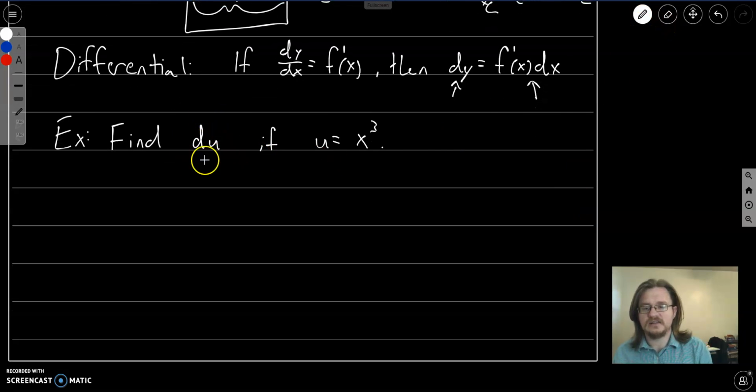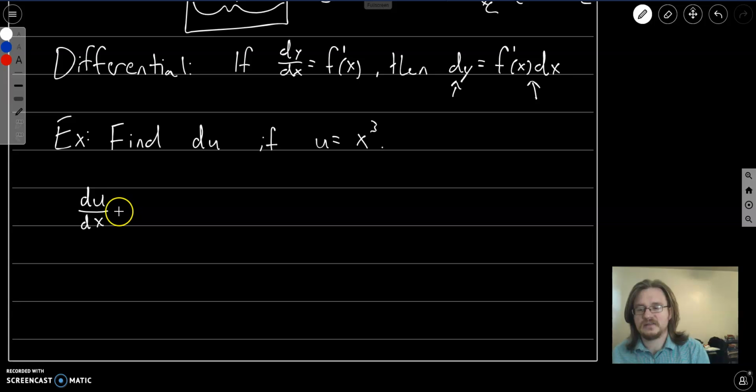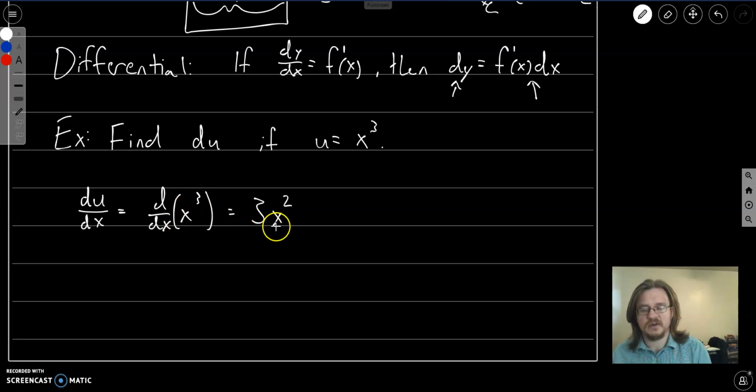So let's do a couple of examples like this. Let's find du if u is equal to x cubed. We can find the derivative of u with respect to x. This is going to be the derivative of x cubed, which is 3x squared. Again, raise it to the 1 less power and pull down the exponent.